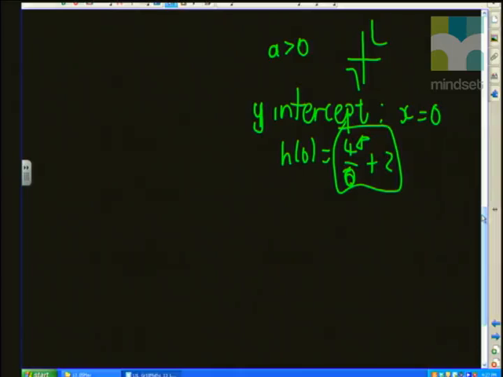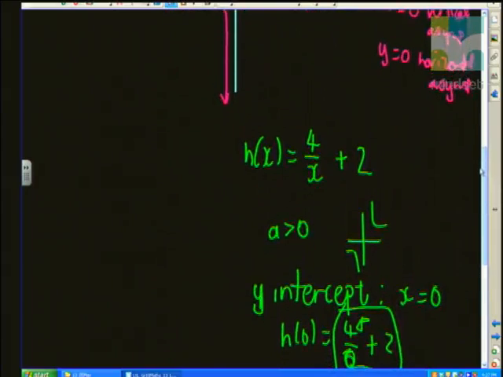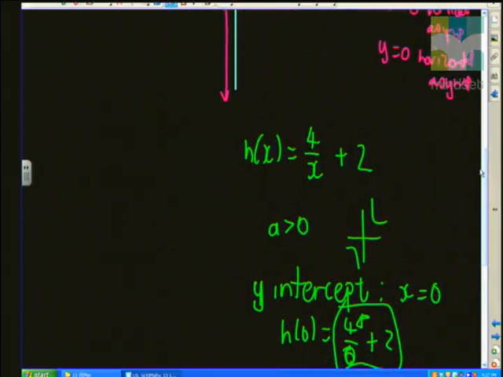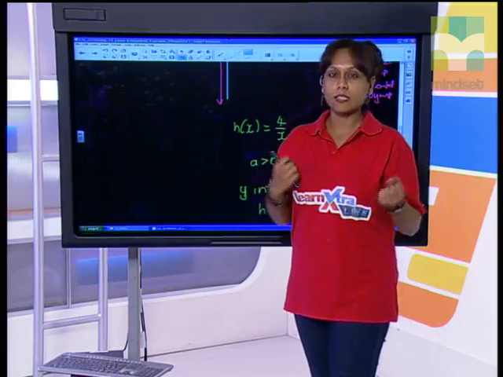So therefore, we say x is equal to 0 is a vertical asymptote. If we try to find an x-intercept and we let y equal to 0, again, we're going to end up with an asymptote. You're going to get a graph that's discontinuous when y is equal to 0.